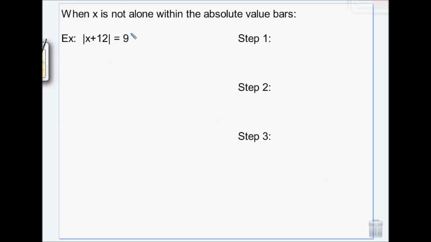Well, if x was alone, x could equal 9 or negative 9, right? Well, x is not alone, so that means x plus 12 equals 9 or negative 9. So the first thing we have to do is split it into 2 equations. So I have x plus 12 equals 9, or x plus 12 equals negative 9.